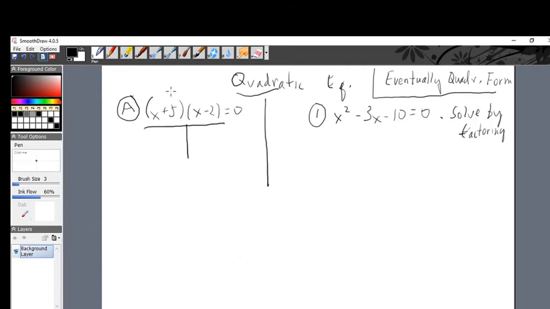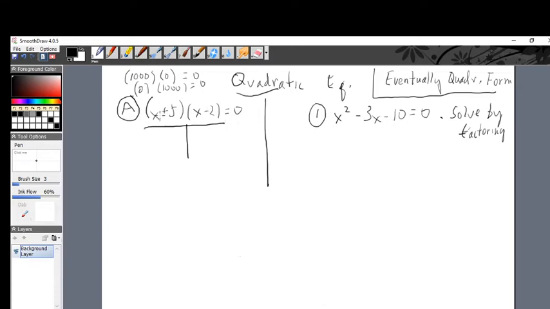How does a multiplication end up being equal to 0? Let's say you have 1,000 on the left-hand side. If you multiply it times a 0, you'll get 0. Or if the first number is 0 and the second number is 1,000, you'll also get 0. So how does this wind up to be equal to 0? Either this is equal to 0, or this is equal to 0, or both are equal to 0. That's how it can wind up to be equal to 0.